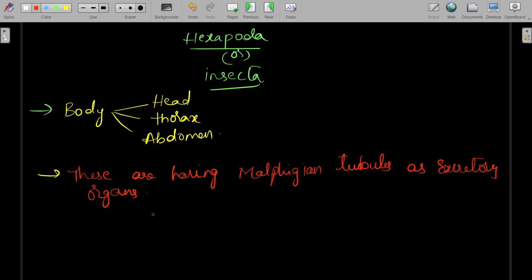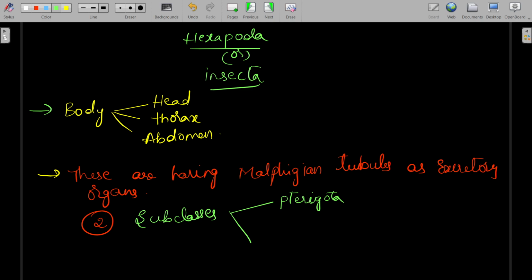This Hexapoda is divided into two subclasses. They are Pterygota and Apterygota.